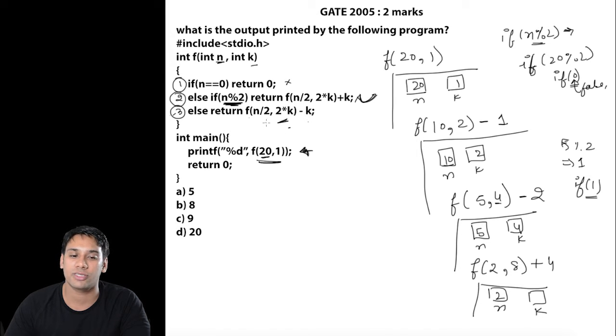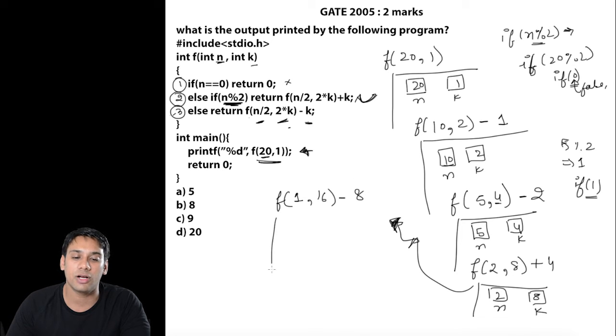It will execute statement number 3, which gives f of n divided by 2, and the value of n is 2, so 2 divided by 2 is 1, comma 2 into k. The value of k was 8, so 2 into k is 16, minus k, which is 8.